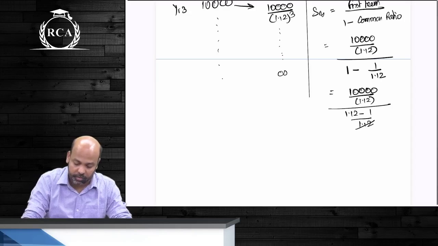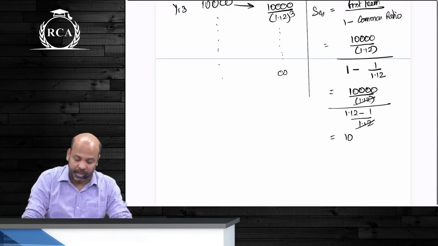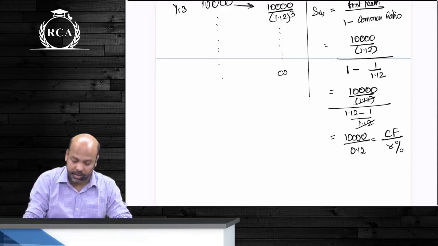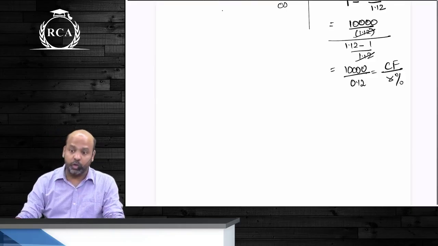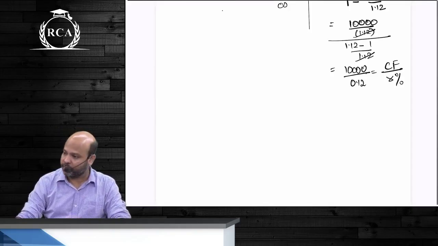Cancel it out, and you will be left with 10,000 divided by, which is cash flow divided by R%. Therefore, the present value of a constant perpetuity is cash flow divided by R%.